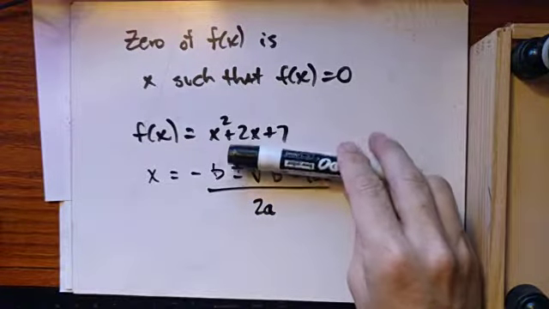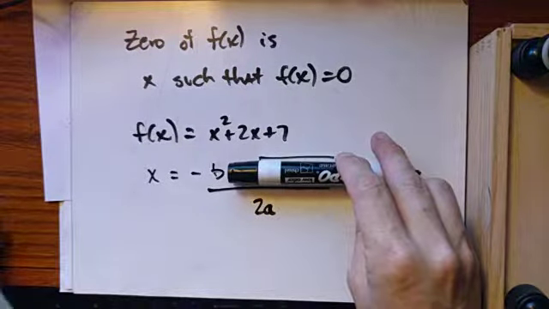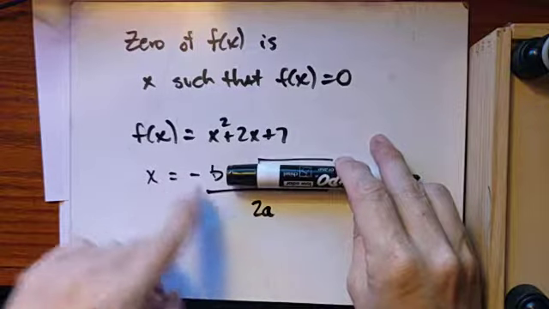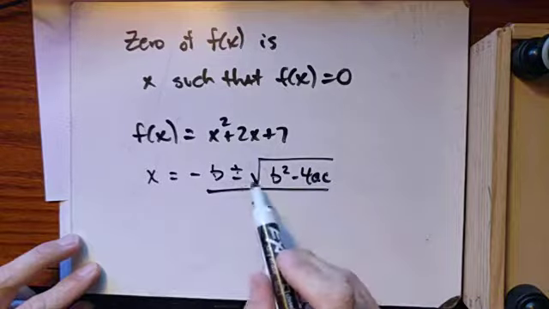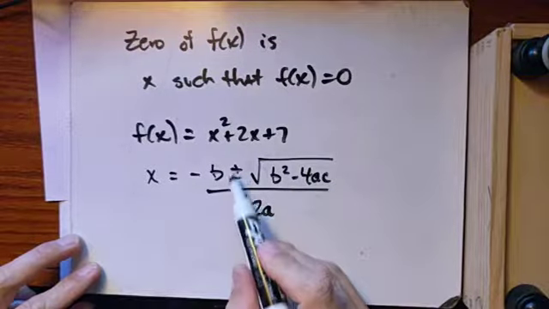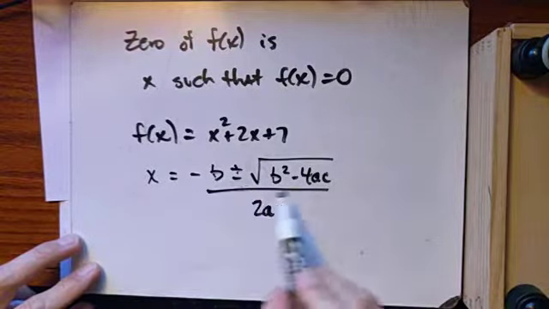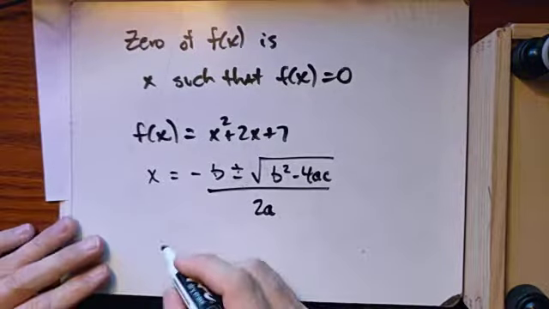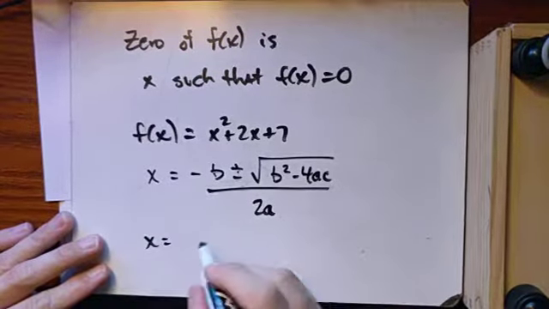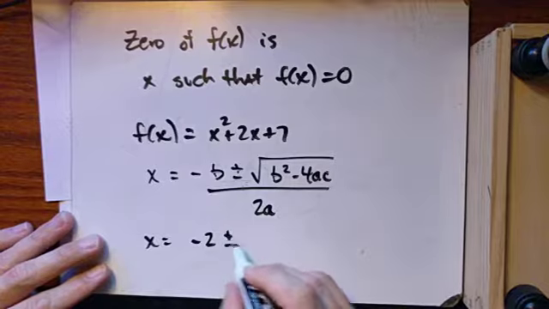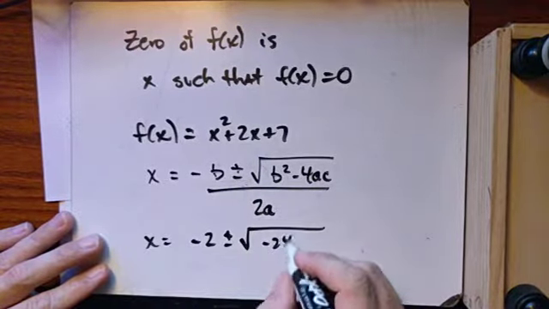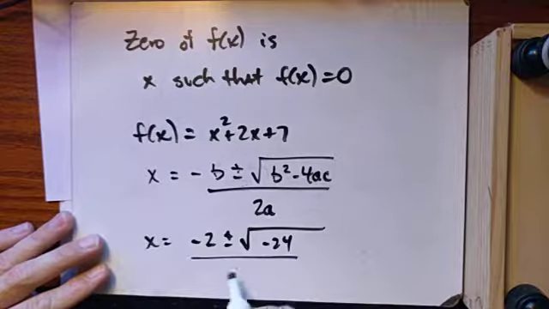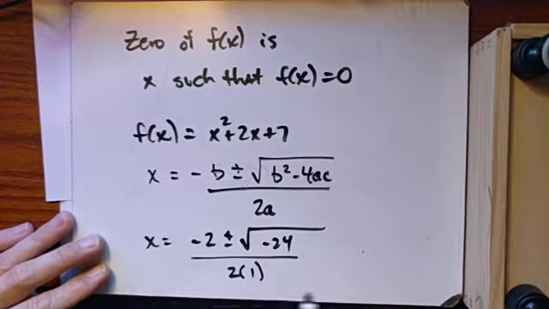First off, this looks a lot like where the x-coordinate of the vertex is, or the axis of symmetry, right? But if you add this other stuff that we talked about, the square root of the discriminant, you can add or subtract from this top number, and you get the zeros. So the opposite of b is negative 2. Remember from earlier in the video that this thing under the square root was negative 24. And this is 2 times 1, right?